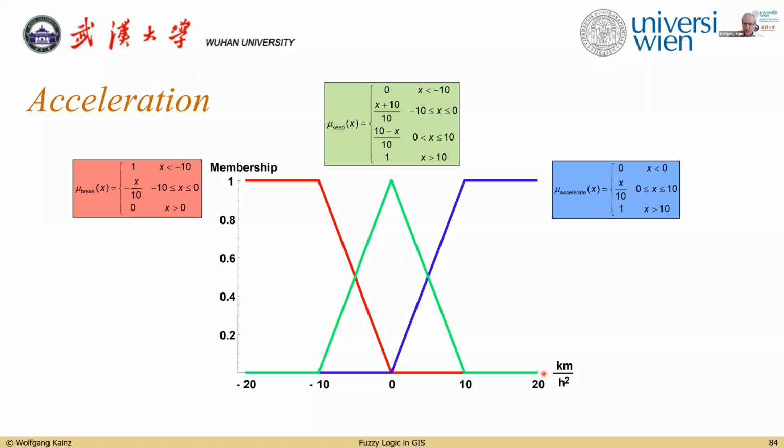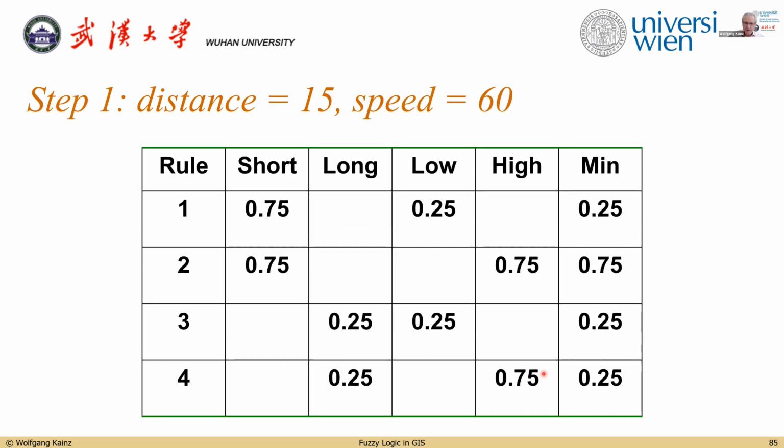So now we have our membership functions for all our variables, and now we can take data, given data for distance and speed, and see what happens. Well, let's for this example take a distance of 15 and a speed of 60.